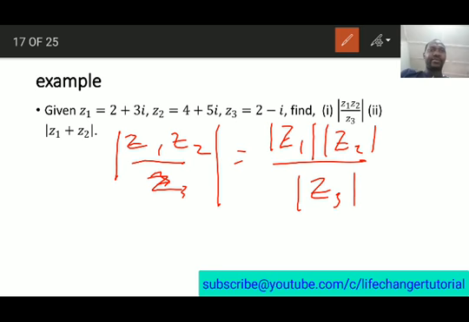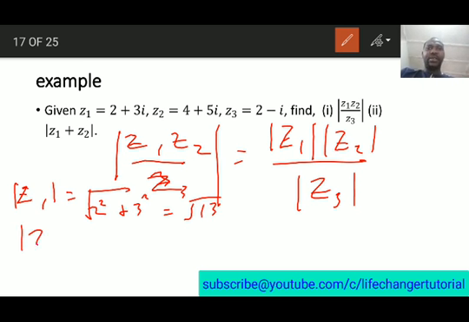So what is the absolute value of z1? It is the square root of 2 squared plus 3 squared, so 4 plus 9, which is 13.